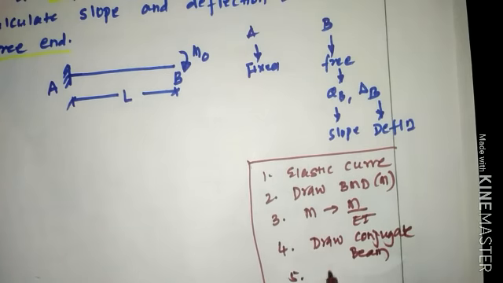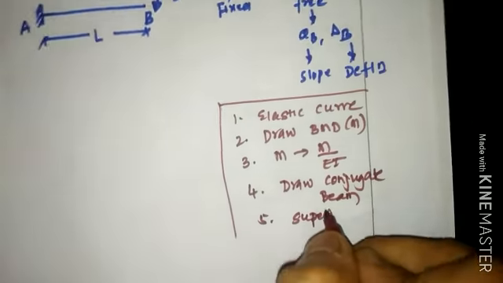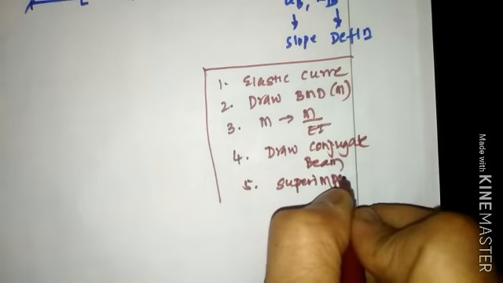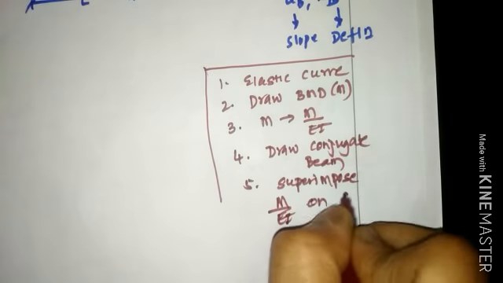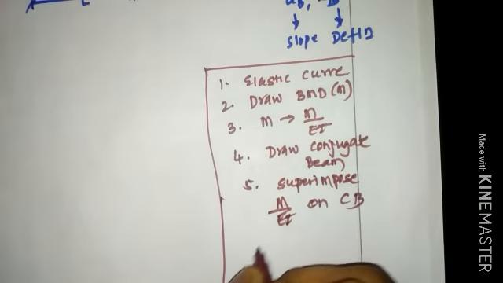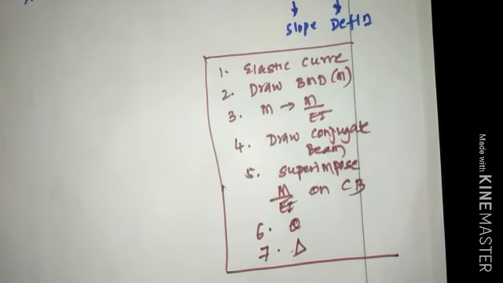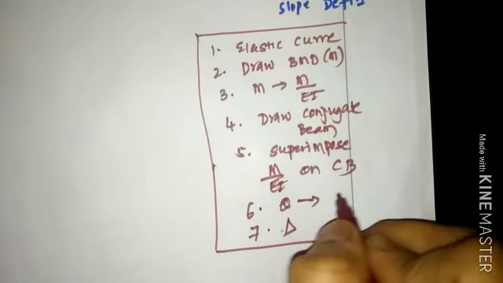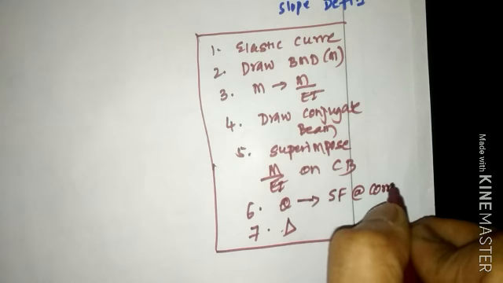Next, superimpose the M by EI diagram on the conjugate beam. Later, calculate slope and calculate deflection. So this is the 7-step procedure. Now how to calculate slope? To calculate slope we need to calculate shear force at the corresponding section.